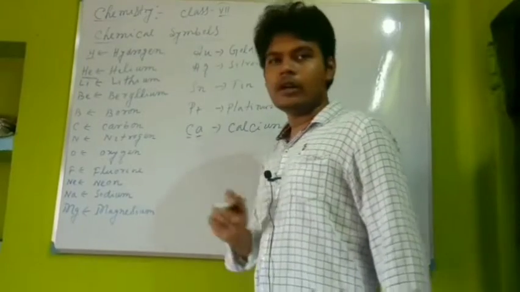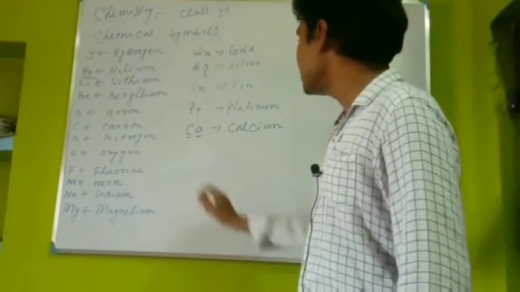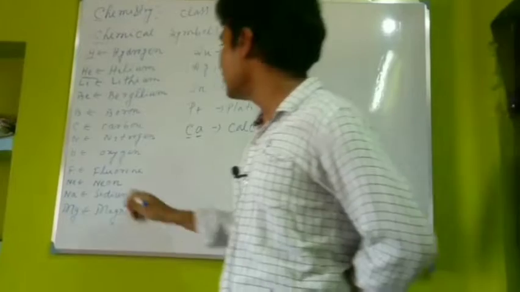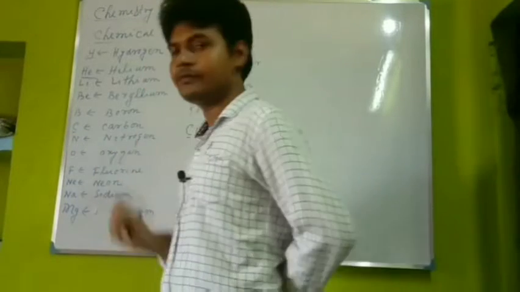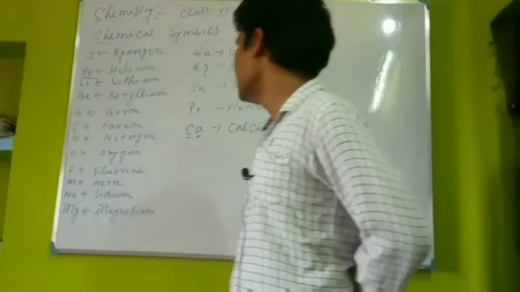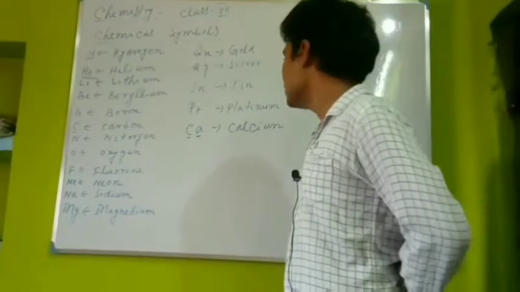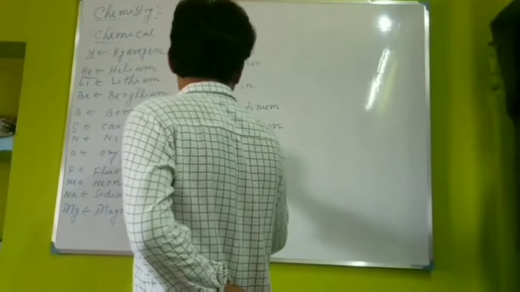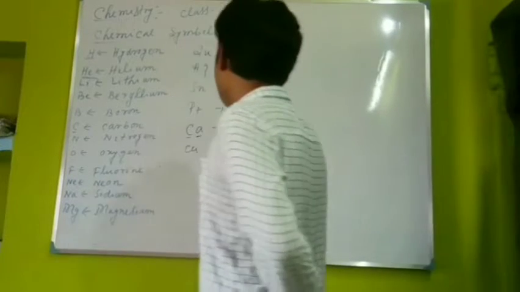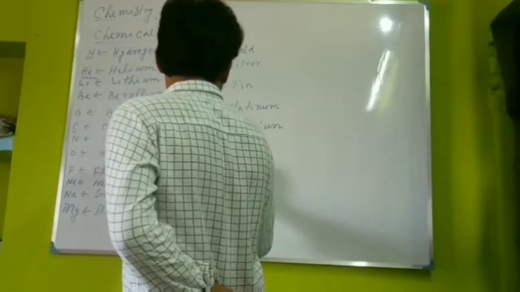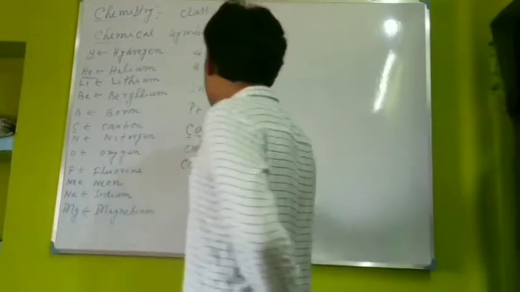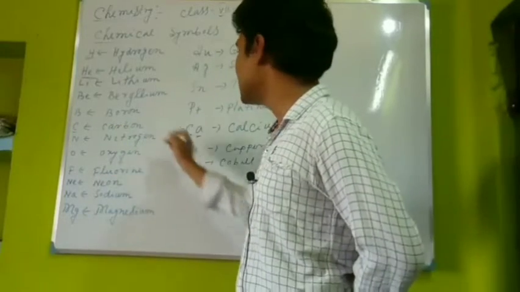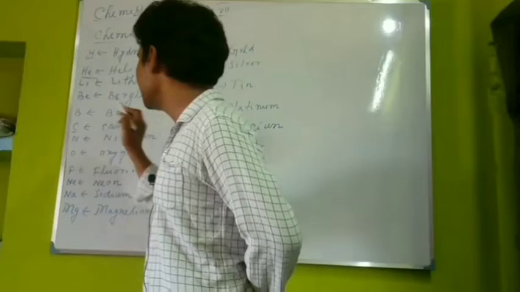Now when we use two letters to differentiate among the elements, such that carbon, basically C is taken for carbon, so C always represents carbon, but calcium also starts with C, copper also, cobalt also, all start with C. So it is not possible to represent all these elements by C, as C is taken for carbon.